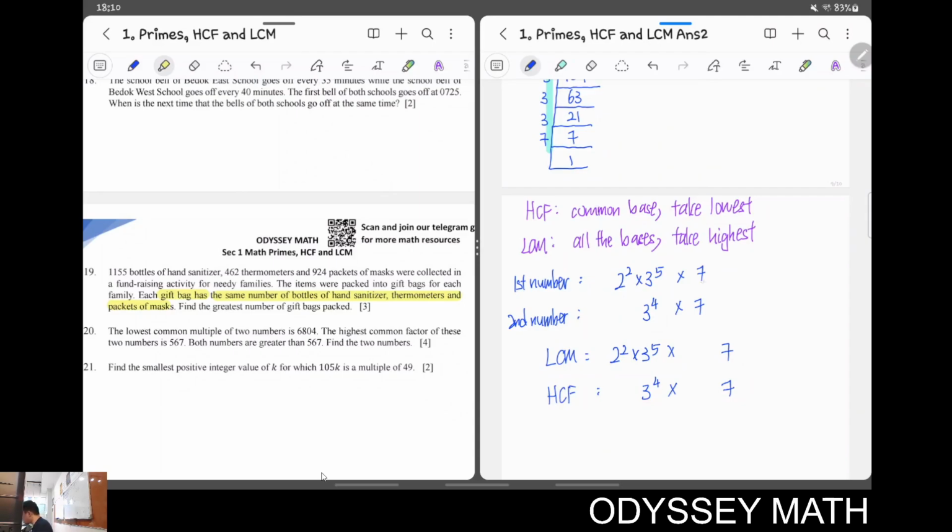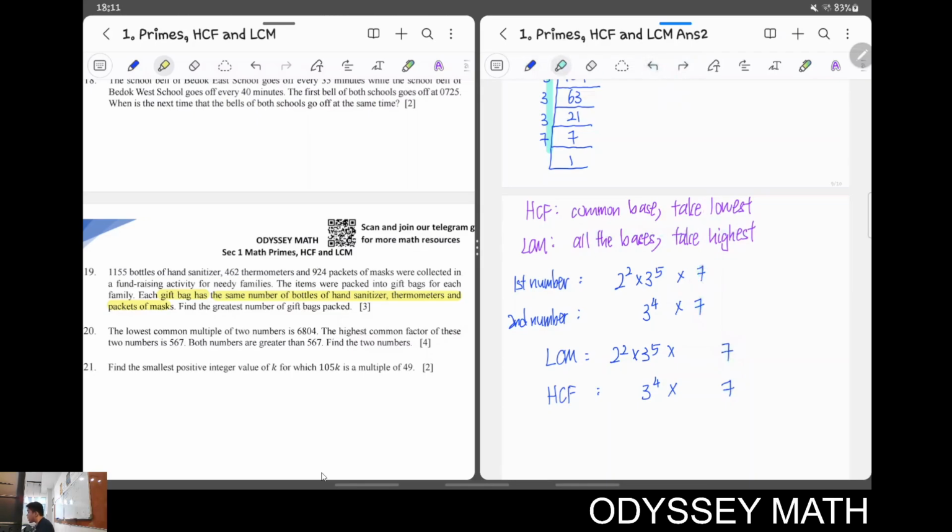The reason is that your HCF has 7, which means both numbers must have base 7, so that HCF, common base take the lowest, gives 7. And for LCM, you cannot put anything more than 7 for these two, because LCM, all the bases take the highest, so you must make sure both are base 7.